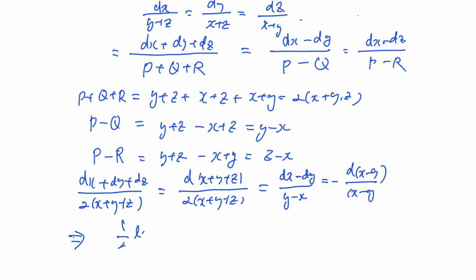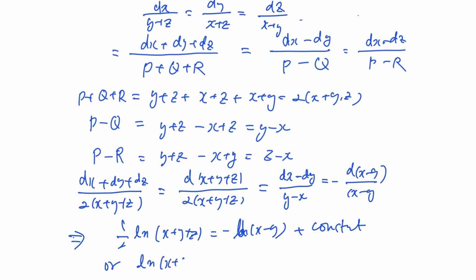One half ln of x plus y plus z is minus ln of x minus y plus some constant, or ln of x plus y plus z plus twice ln of x minus y is some constant.